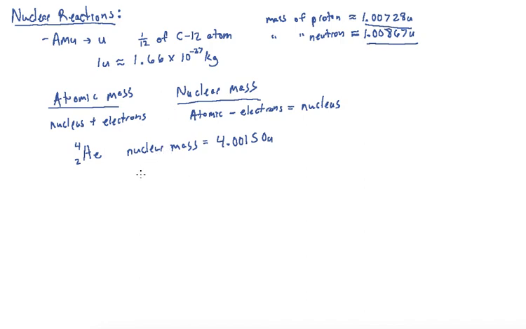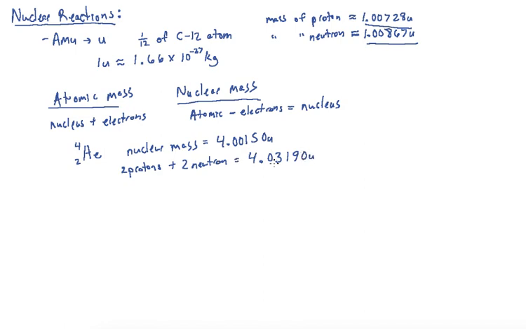Just adding 2 protons plus 2 neutrons actually gives you 4.0319 AMUs.